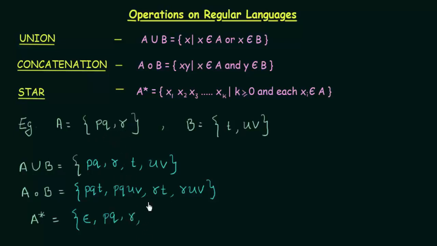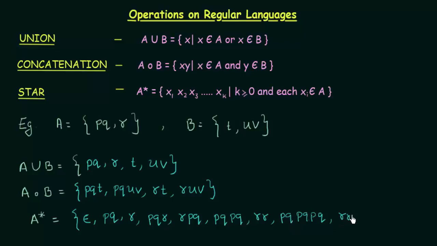Now let me join PQ and R. I can join PQ and R, right? I can also put R first and then PQ, or I could join PQ with itself, PQ PQ, or join R with itself, R R, or I could join PQ three times, PQ PQ PQ, which means I'm joining it together.